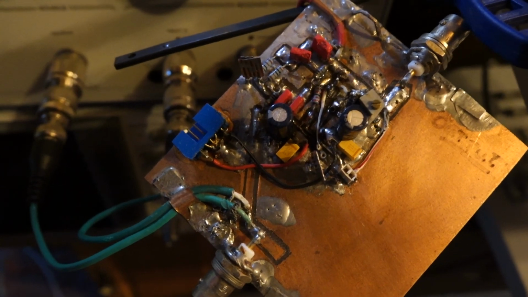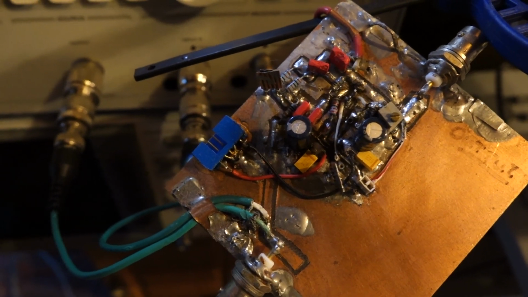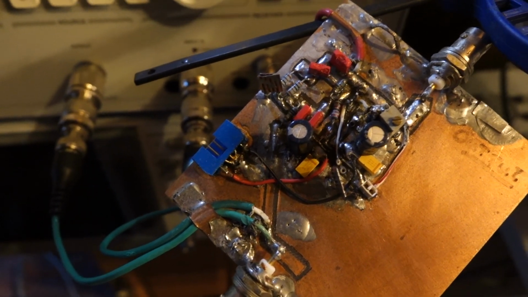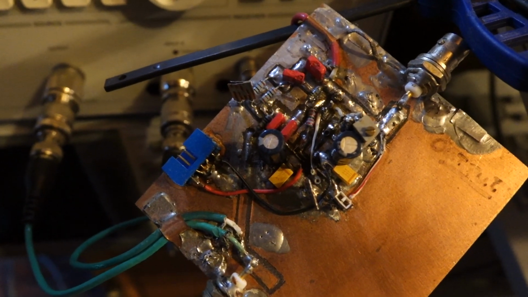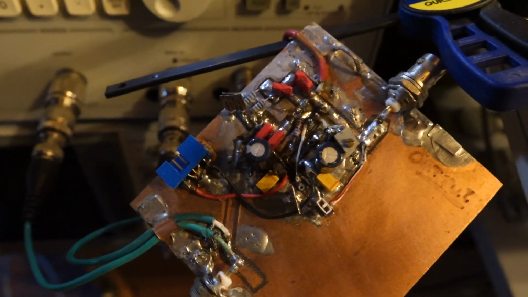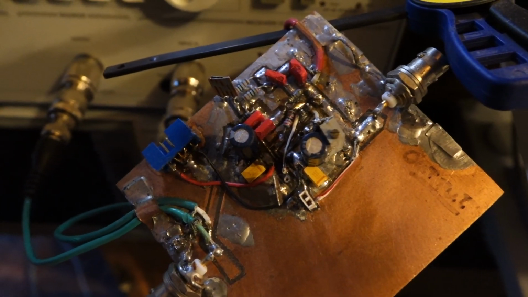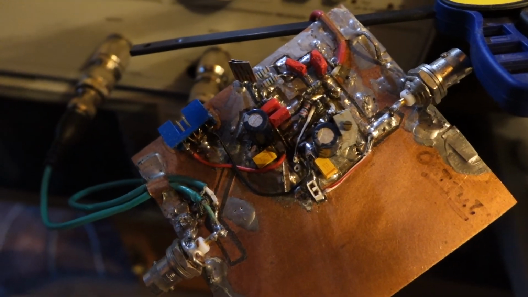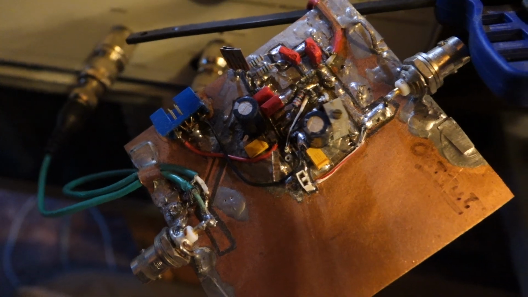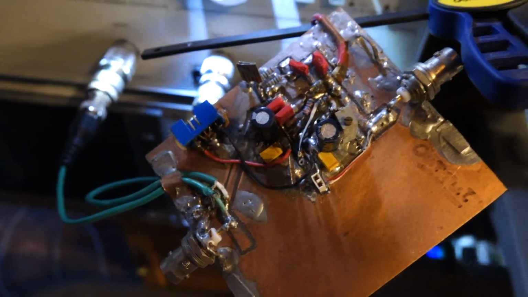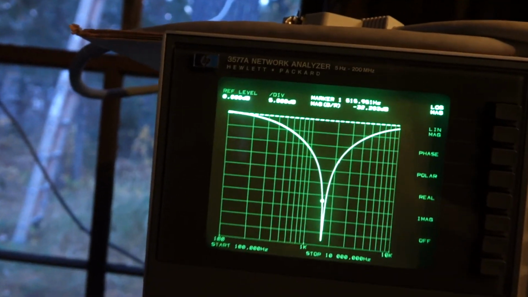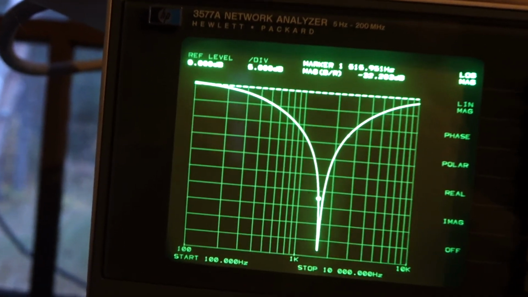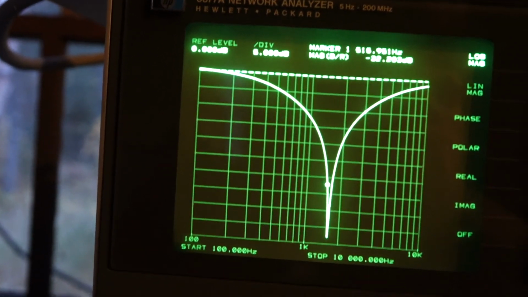Here's a twin T network that I built up. It has the capability of being either a passive or a bootstrapped active network, depending on jumper settings. And we'll be looking at this in depth in one of my next videos. And here is the response of that particular network on a Hewlett-Packard 3577 network analyzer.